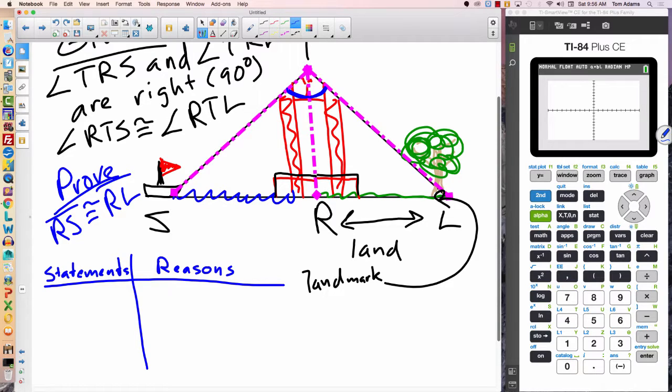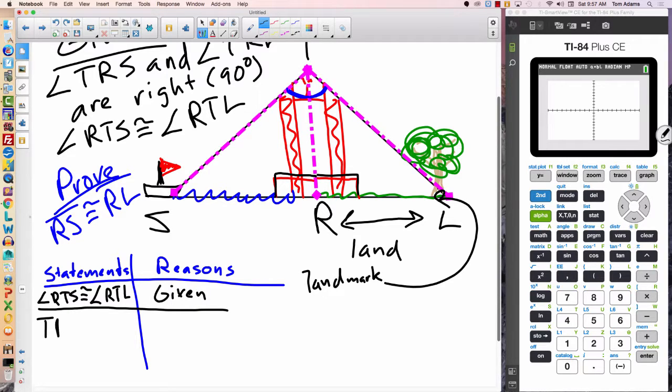And so the first thing that we know is that angle RTS is congruent to angle RTL, and that's given to us. Write a little line there so we don't get that confused.